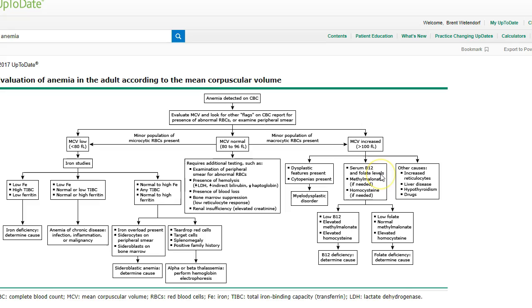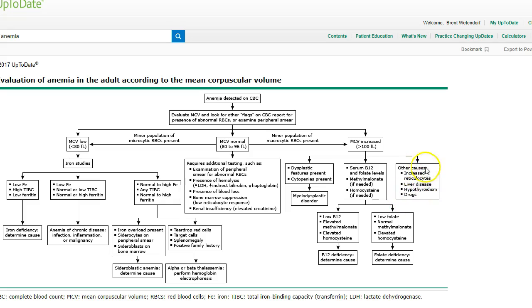All right, we already talked about the settings of that. Pernicious anemia, B12 deficiency, folate deficiency. B12 deficiency, treat and determine the underlying cause. If it's folate, treat, determine the underlying cause. Remember your pregnant patient population here.